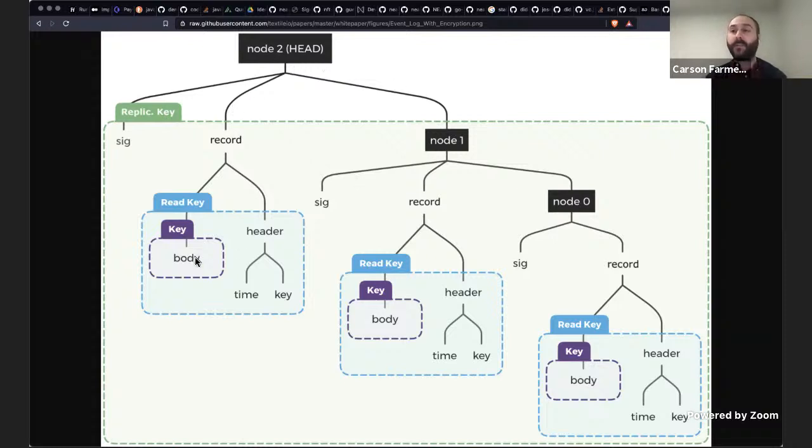The bodies themselves can be pretty much any arbitrary data, though in practice these are IPLD blocks. And so in theory, you could have blocks all the way down, and you could have peers exchanging actual IPLD blocks in the body. But this gets wrapped in a read key, and we can talk a bit about that because that was a design decision we had to make to deal with encrypted data.